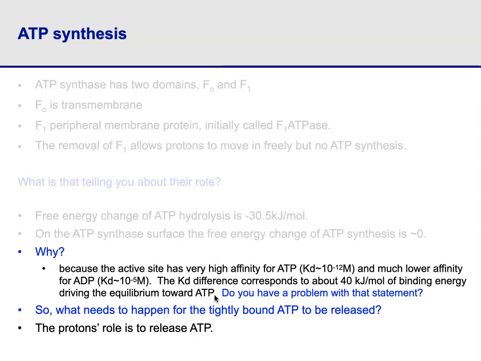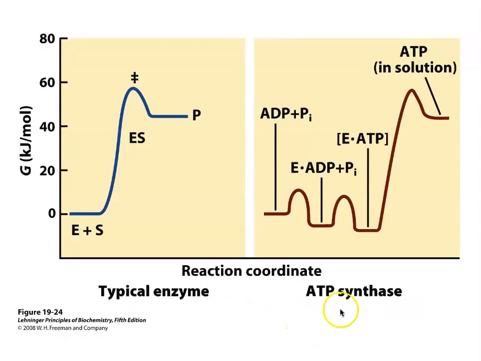Then why does the textbook say that, driving the equilibrium toward ATP? My personal explanation is that we're talking about the reaction that occurs within the processes happening in the enzyme. When we talk about reaction equilibria, we talk about substrates free of the enzymes and products free of the enzymes.